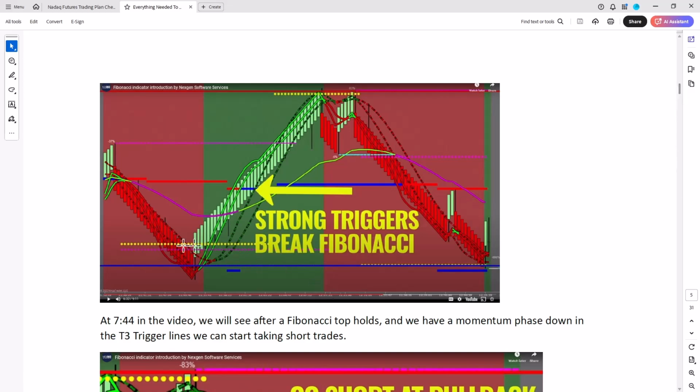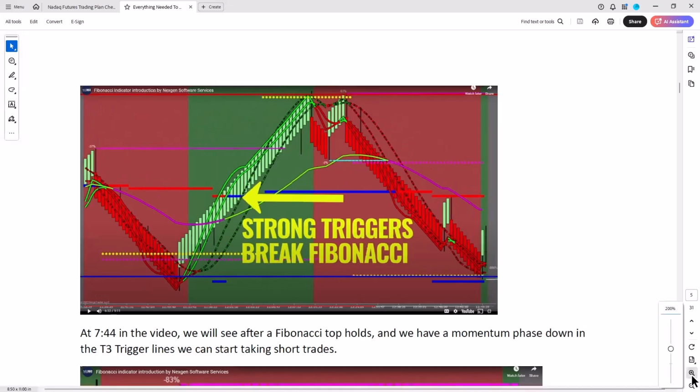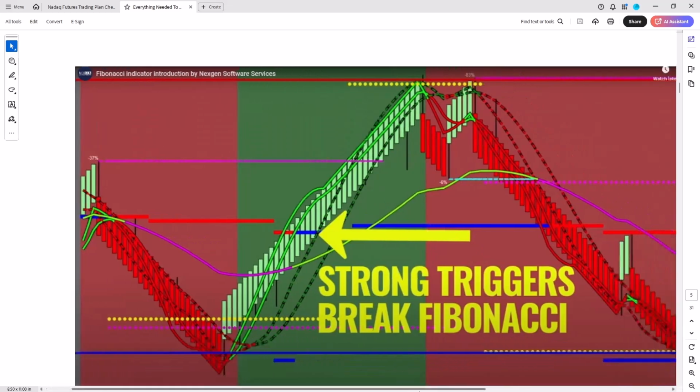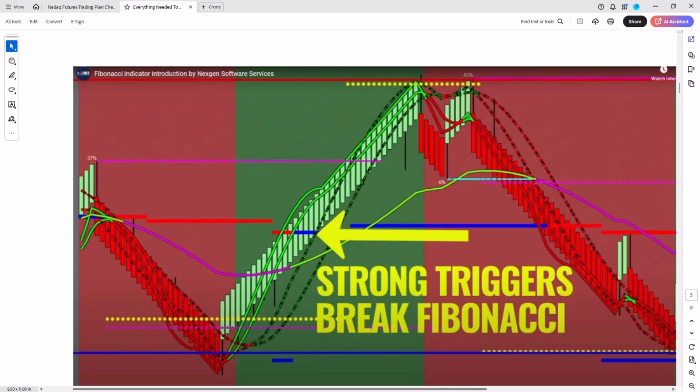But the short version is we're watching support and resistance on our charts. Location and momentum are the two key factors for you when you're looking at Fibonacci support or resistance. Okay, if you reach resistance like we did here in the middle, and the triggers are very strong, which is obviously the example here, usually the market will break Fibonacci resistance and turn it into support.